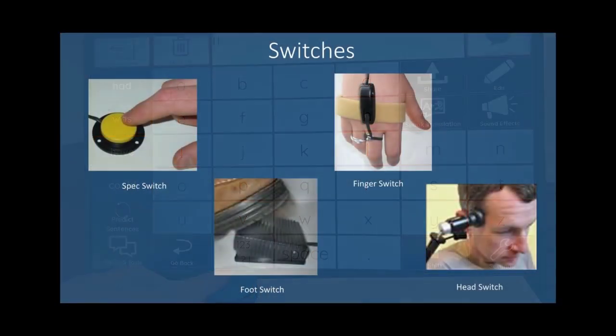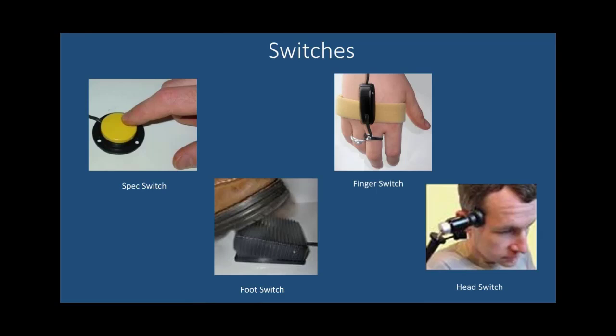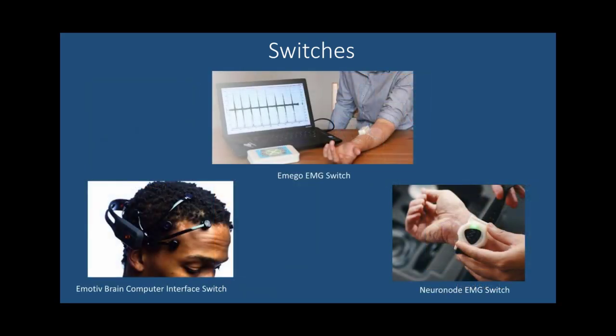Scanning requires a reliable movement that can be quite small to activate a switch. There are dozens of switches available, and they can be creatively positioned to allow activation by various parts of the body. For those unable to generate any movement, scanning can also be performed using an EMG or brain activity switch.